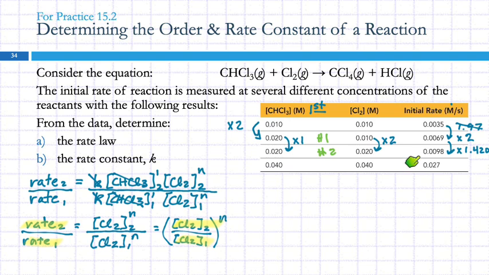So here's rate 2, 0.0098. And I'm going to live dangerously and leave the units off here. Heresy. So we're going to take rate 2, divide by rate 1.